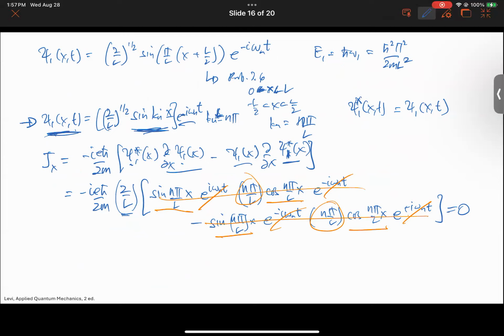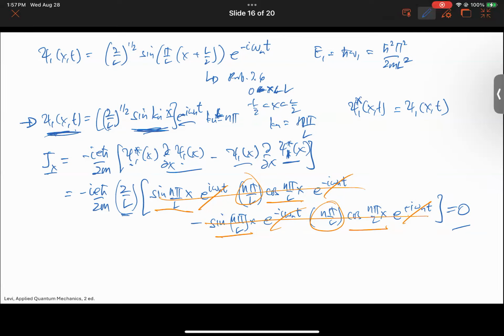So of course you will ask, why is there still current? If Jx is equal to 0, where does the current come from? I mean, how is energy transported from one barrier to the other? Energy is transported not due to a single wave, but due to multiple waves interacting with each other, the ground state interacting with the first excited state.